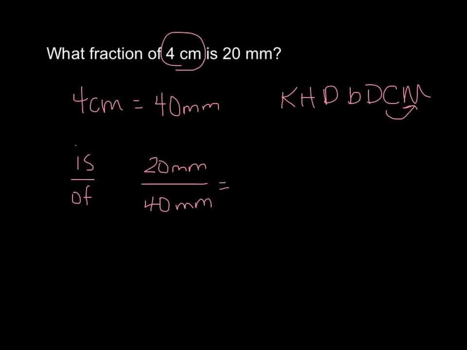This is our new fraction comparing the two. We can simplify by canceling the millimeters. I can divide both the numerator and denominator by 10. So now we have 2/4. And then 2/4 reduces down to 1/2. So the fraction that we're looking for is 1/2.